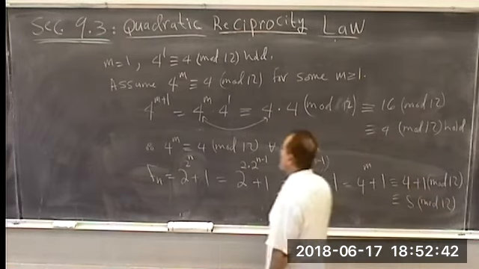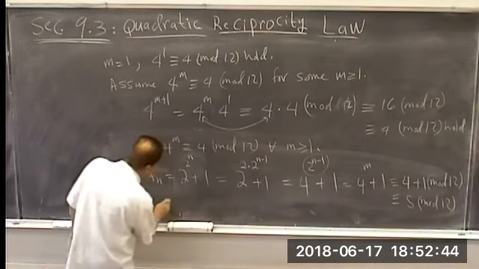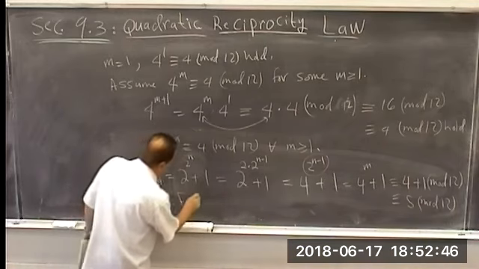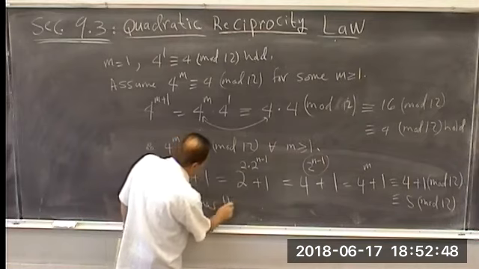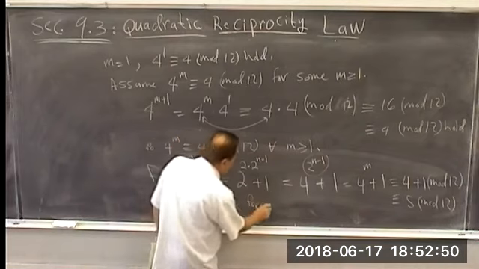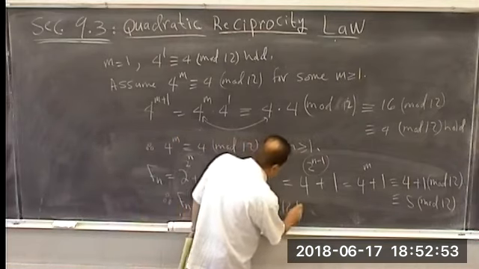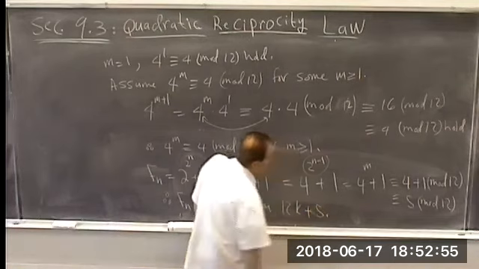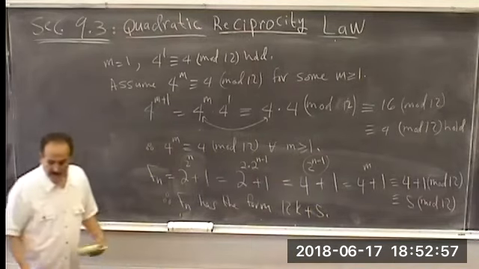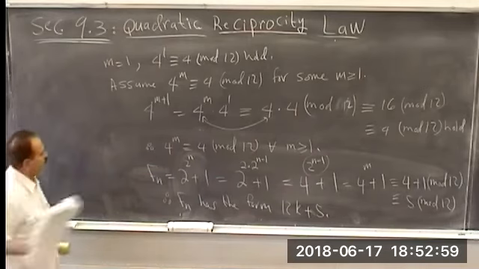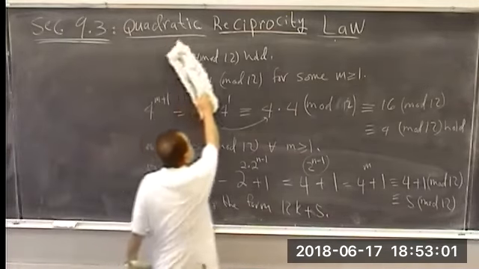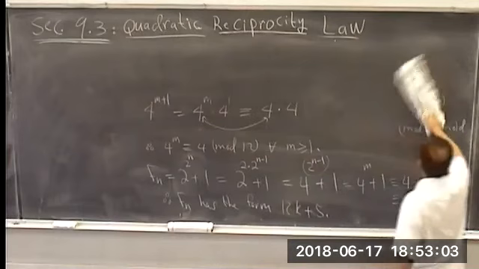And this proves the claim. So therefore, Fn has the form 12k plus 5. Now, let's look at the Legendre symbol for 3 mod Fn.